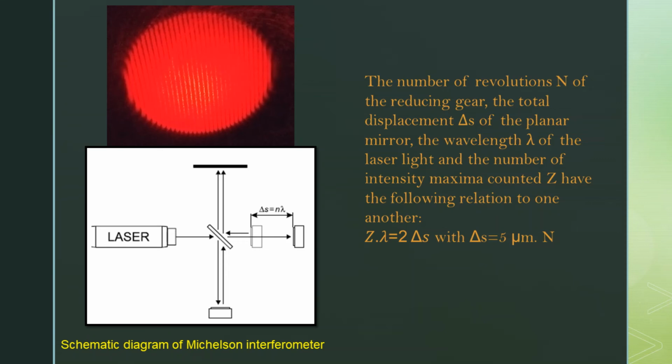So we have to mark a point with maximum intensity on the screen, and during rotation we have to count the number of intensity maxima during the revolutions.